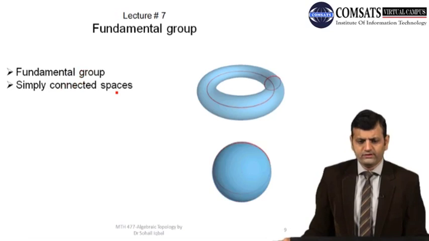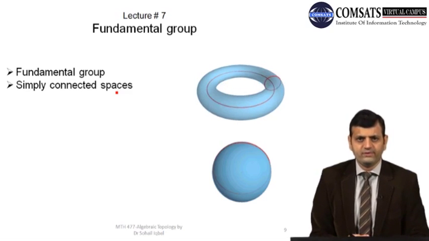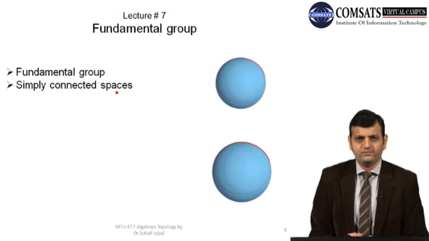Moving further on, we defined what is the fundamental group of a topological space. This is one of the very important ideas of algebraic topology. This is the thing that connects topology with algebra.